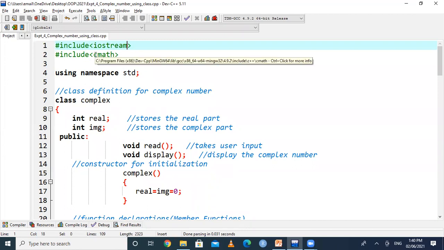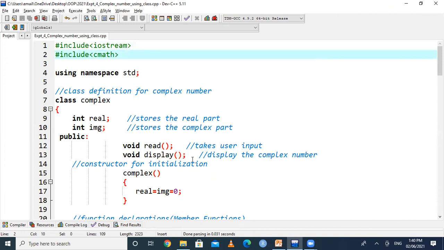Similarly, there is another header file we require, as we have to perform different operations on complex numbers like addition, subtraction, multiplication, division. So we require cmath. We write hash include cmath here, and that is required for some mathematical functions needed in this program.